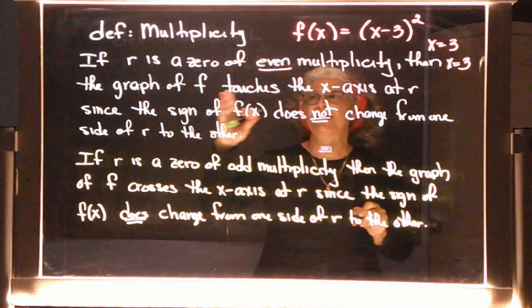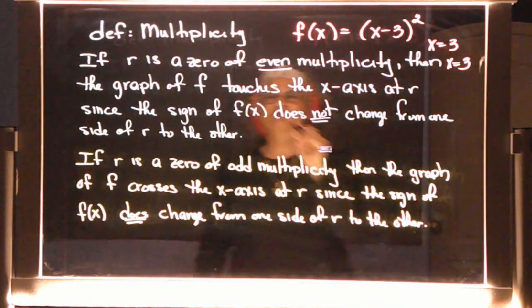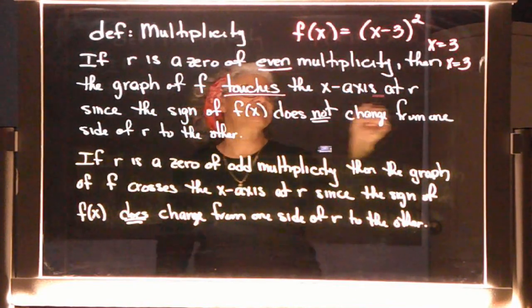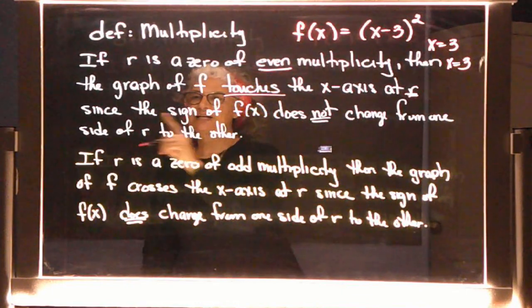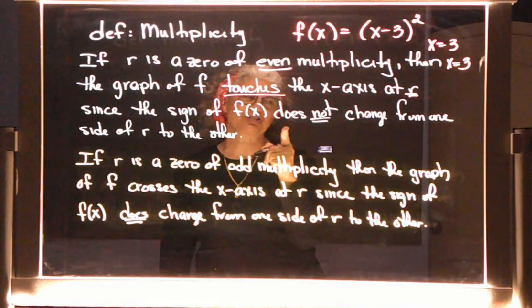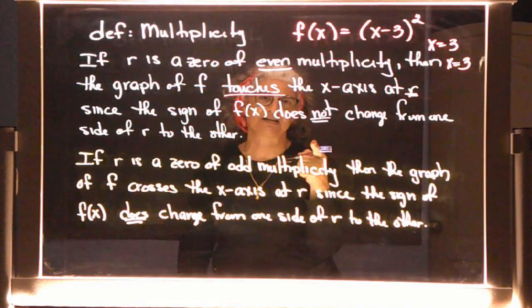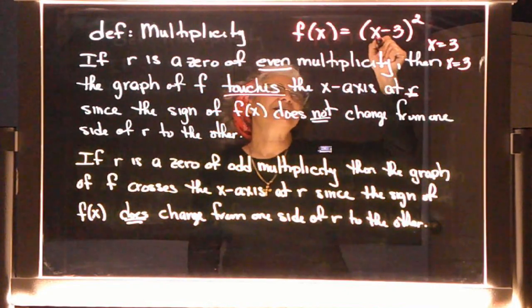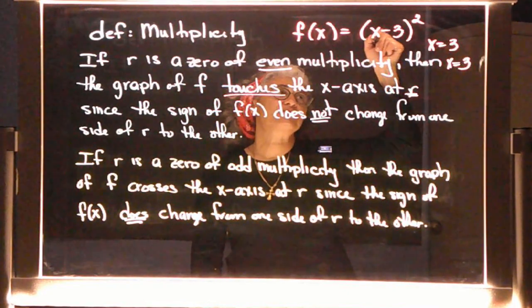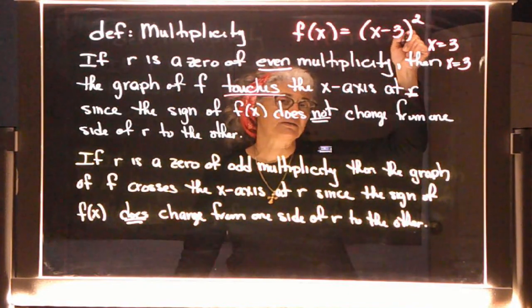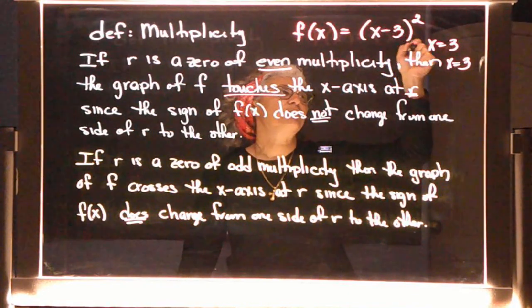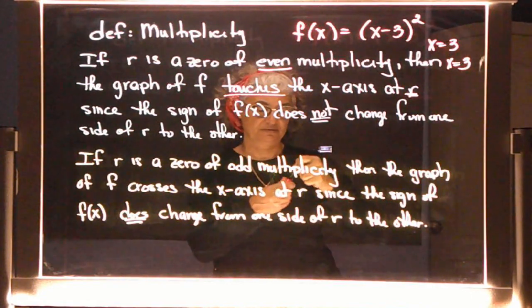So that means the graph of f touches the x-axis at that solution. Why? Because the sign of f isn't going to change from one side of r to the other. If I plug in a 2 here, what's 2 minus 3? Yeah, negative 1. And you square it, you get positive 1, don't you? But what happens if I plugged in a 4?